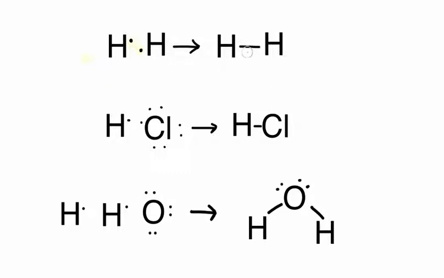Basically, this line right here represents that bond between these two electrons. They're shared in a sense. This provides enough stability to this molecule involving these hydrogens.